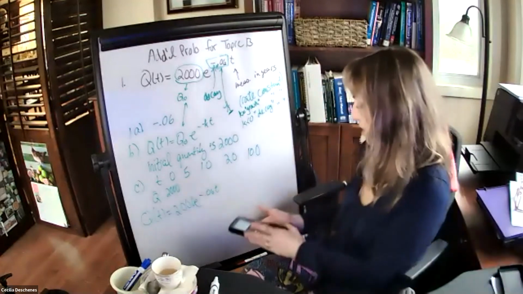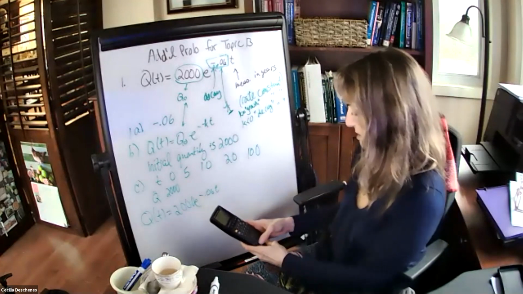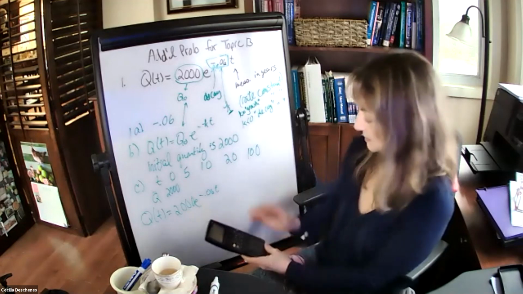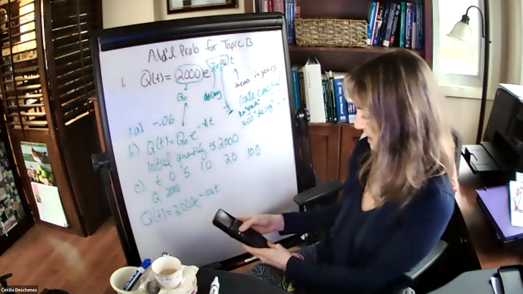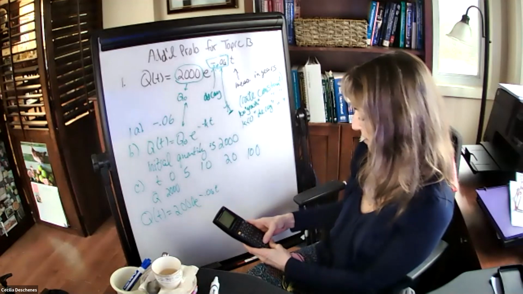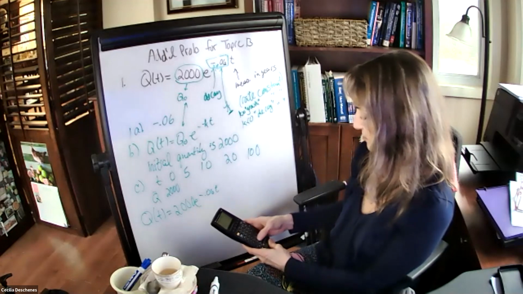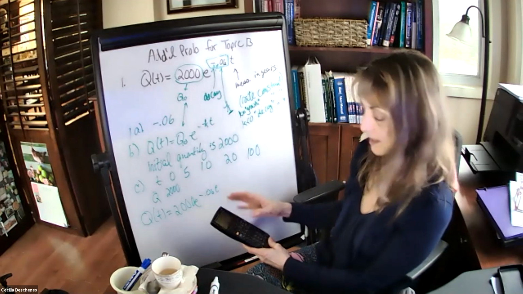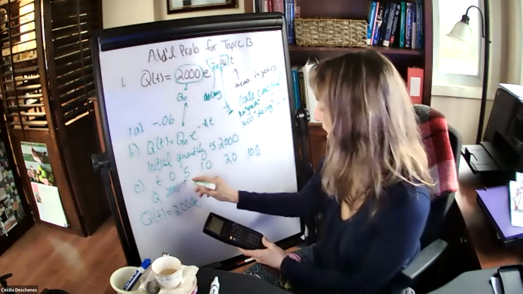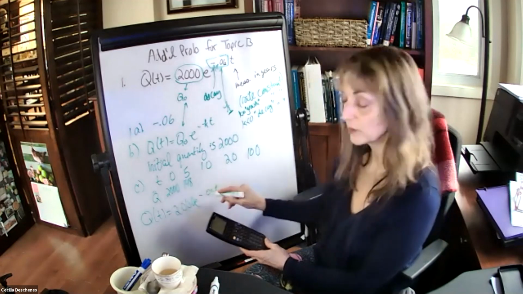Now to plug in 5, we're just going to say it's 2000 times e raised to the negative 0.06 times 5. And that turns out to be 1482, rounding to whole numbers here.